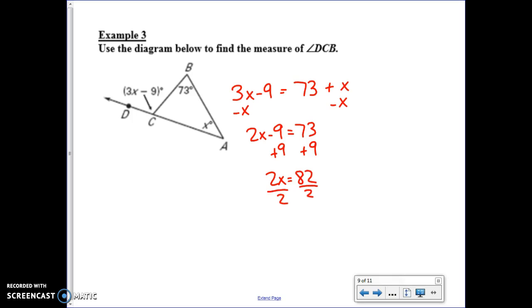Divide by 2. X equals 41. We're not done here though because it wants this outside angle, DCB. So I need to do 3 times 41 minus 9. So 3 times 41 minus 9 tells me the measure of angle DCB is 114 degrees. There's your final answer there.